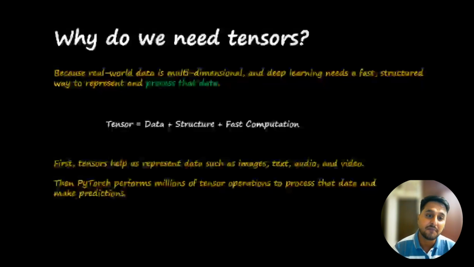Structure gives it meaning. Fast computation using GPUs makes deep learning possible. That is the whole story of tensors. Tensors are data plus some structure, some shape, plus fast computation. That is what a tensor is.